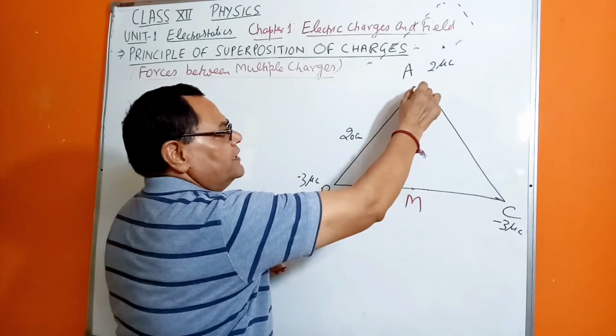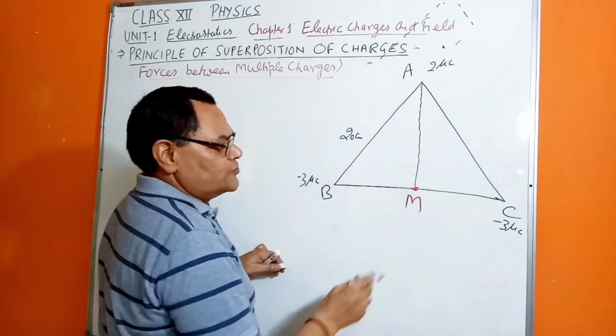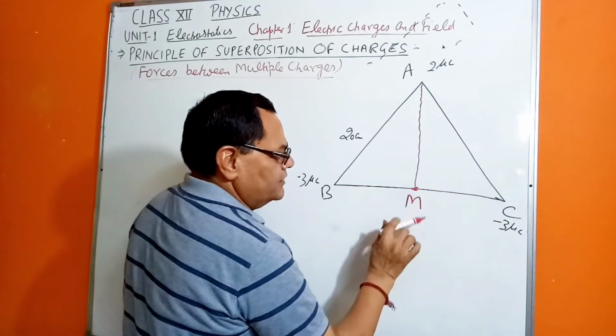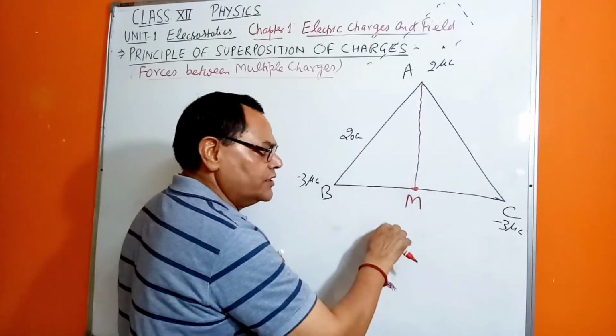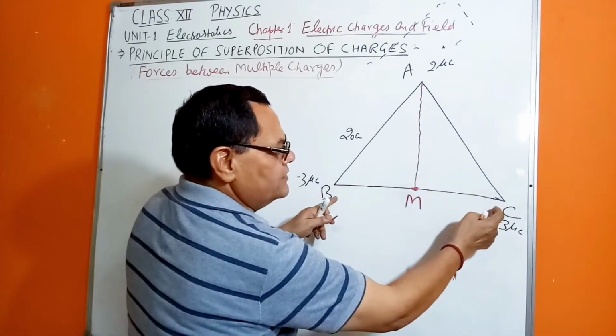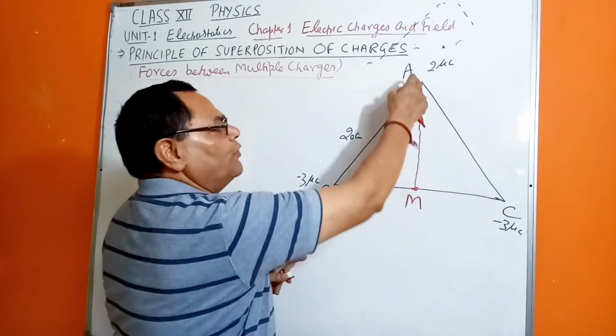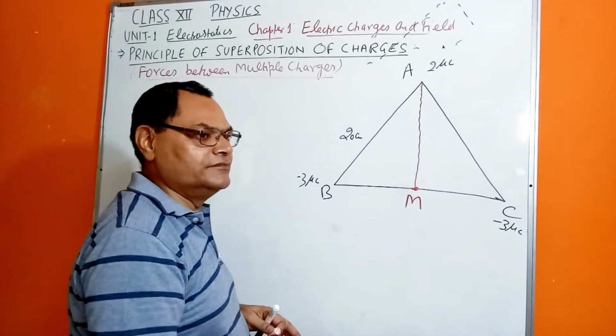So meaning thereby like this. We have to find out how much charge and of what nature should be placed at the midpoint of BC so that the point A is in a state of equilibrium.